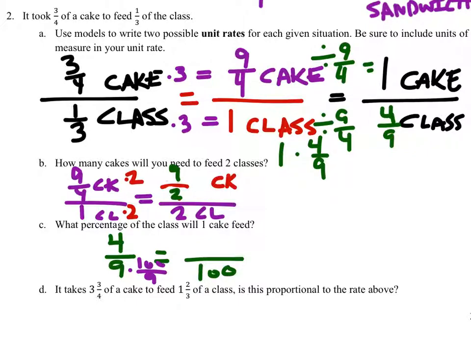And you could use that. This one, we'll just multiply this by 100. So that's 400/9. Okay, well, this one is the percentage, which should have given us 44.4 repeating. And that would be the percent.